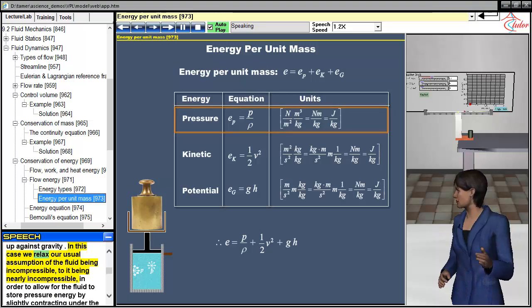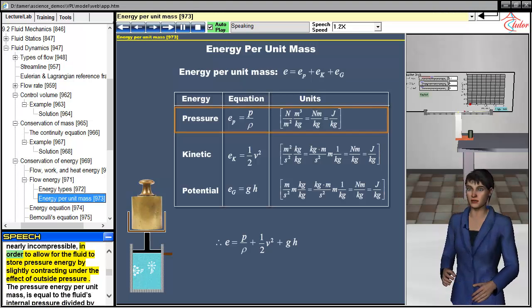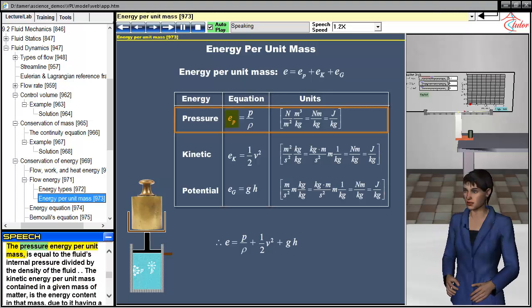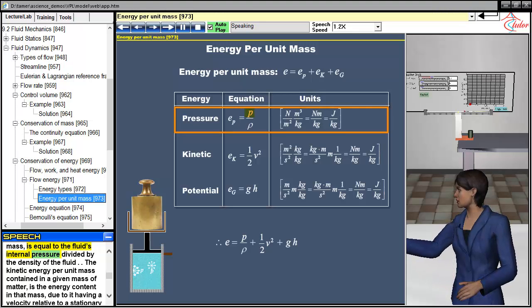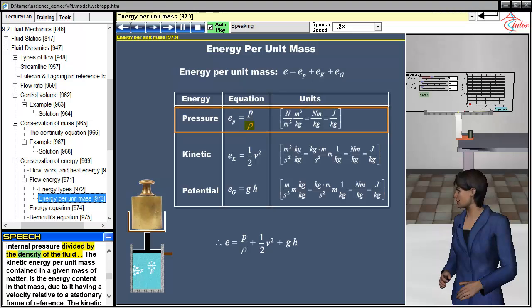In this case we relax our usual assumption of the fluid being incompressible, to it being nearly incompressible, in order to allow for the fluid to store pressure energy by slightly contracting under the effect of outside pressure. The pressure energy per unit mass is equal to the fluid's internal pressure divided by the density of the fluid.